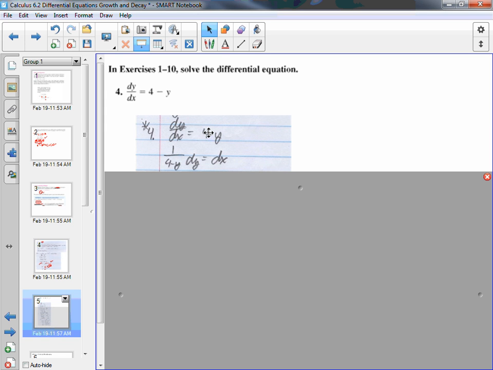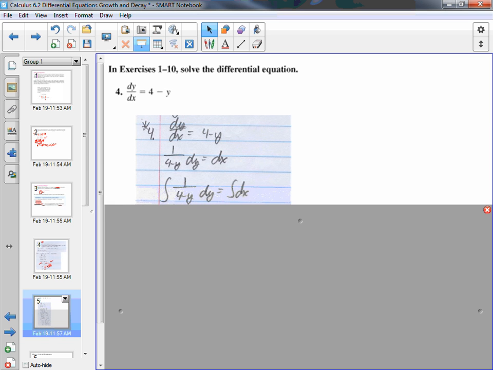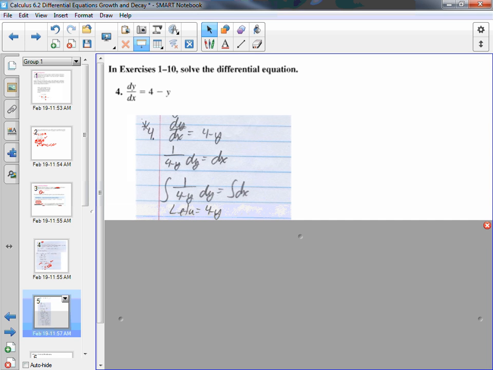Okay, everybody with me? All right, take the integral of each side. So that would be the integral of 1 over 4 minus y dy equals the integral of dx. And that looks a whole lot like the integral of 1 over u, doesn't it? But we've got to make the du work out. So what should u equal? Let u equal 4 minus y.